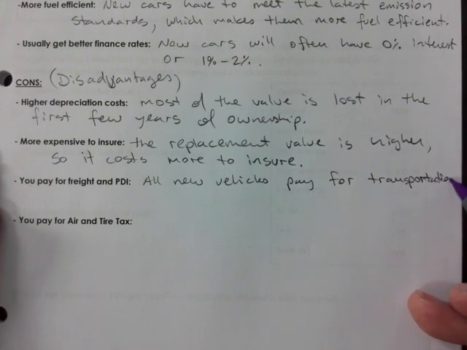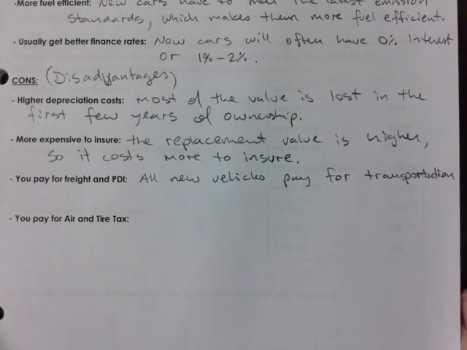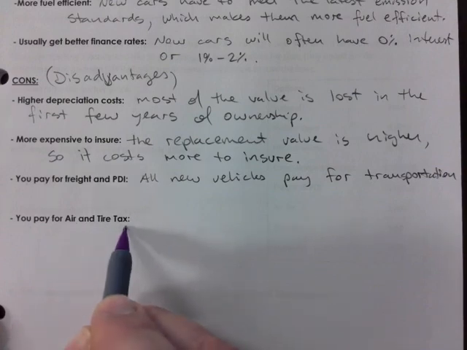Now, I will say this, some dealers, and you might even know someone that owns a car dealership or works for one, sometimes they waive it, I get it, but that's at their discretion. But technically, if you see these semis with the brand new cars, somebody's paying for that. Somebody's paying to transport the car from one city to another or from one dealership to another. That's usually there.